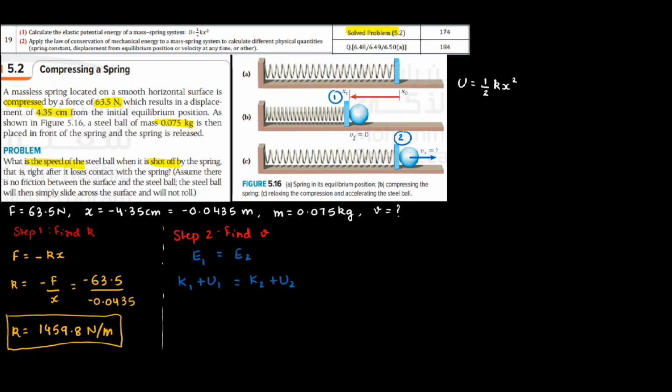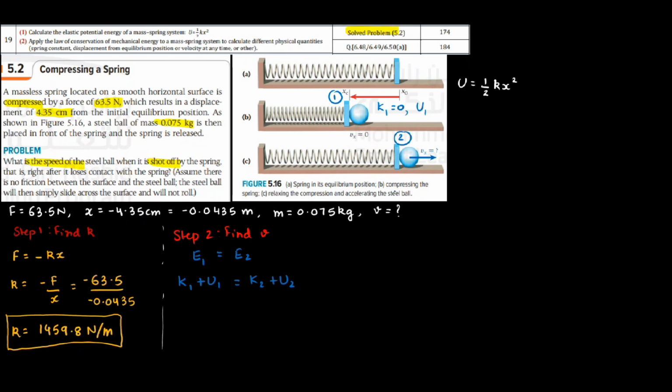In position 1, my total energy is only the potential energy of the spring, because the ball is not moving yet. The ball is not moving, its velocity is 0. So kinetic energy will be 0 here. But since the spring is compressed, you have potential energy of the spring. So U1 is present, but K1 is equal to 0.